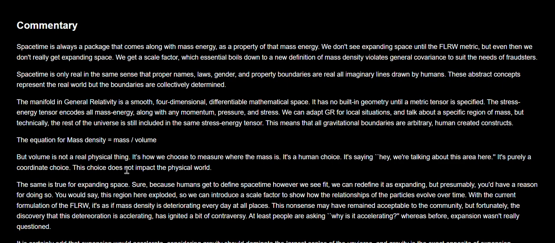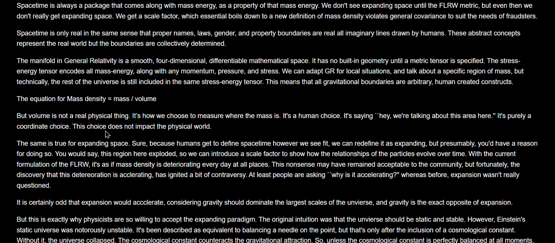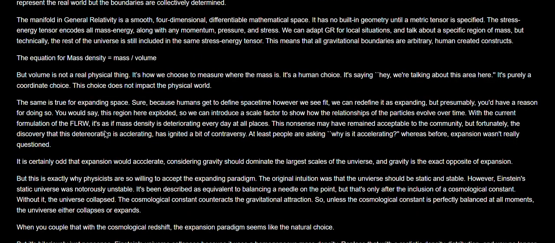But this same problem exists in expanding space. You can define space as expanding if you want. It's fine. It's going to make things very complicated to keep track of. It can even be physically realistic to say that things are expanding, but typically it would be that a region has undergone some cause to expand, like an explosion.